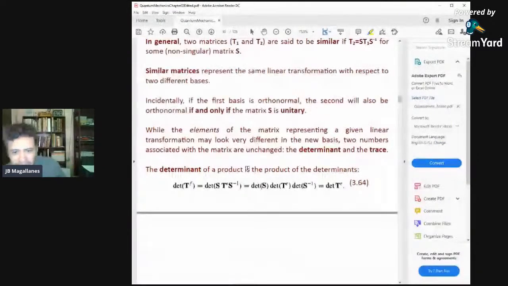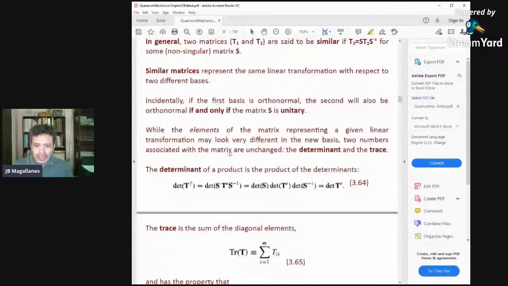But of all the properties of the matrix, there are two quantities associated with the matrix that are not changed. They remain constant, and these two are called the determinant and the trace.